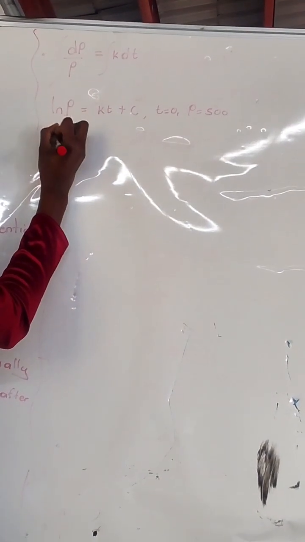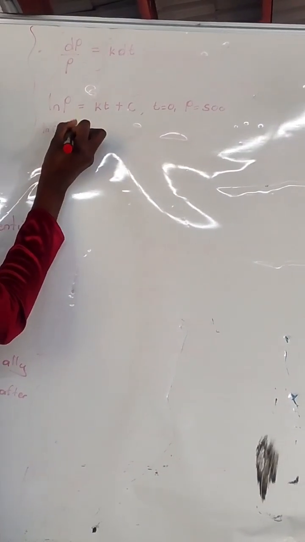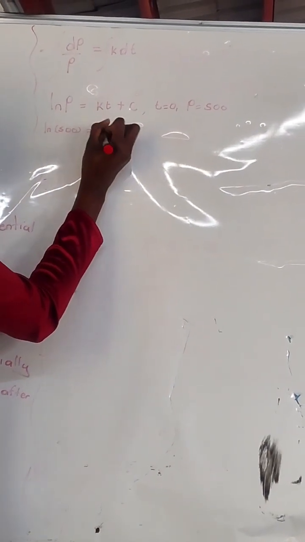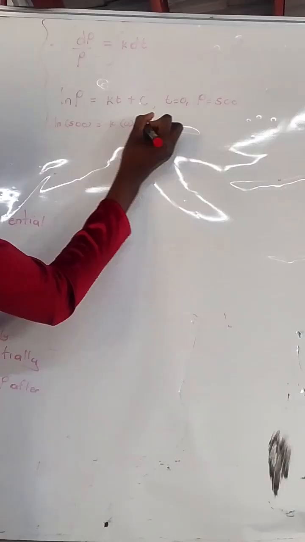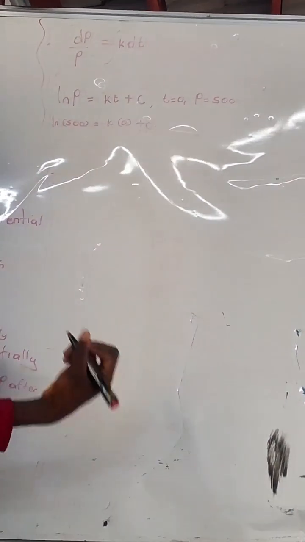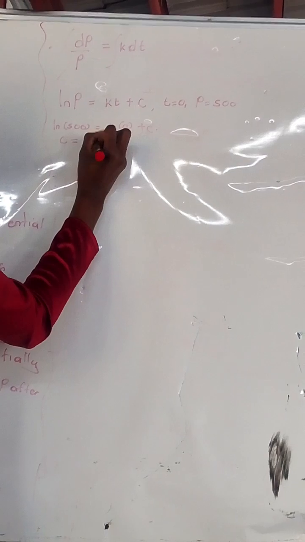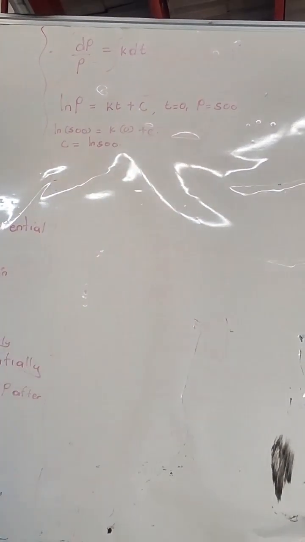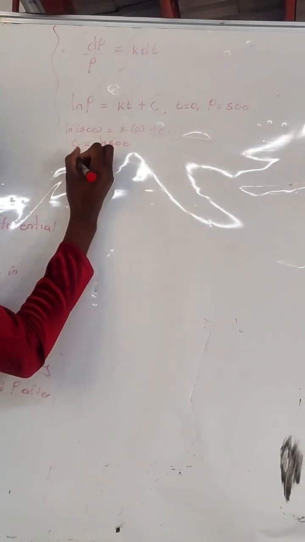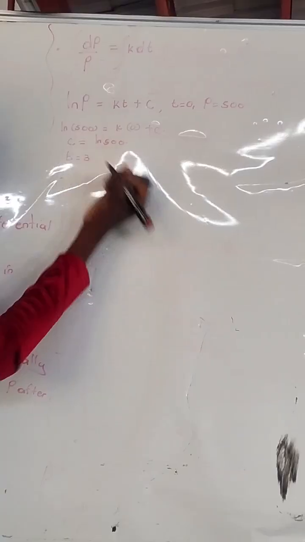We get ln of 500 equaling K times 0 plus C. Therefore, our C is ln 500.